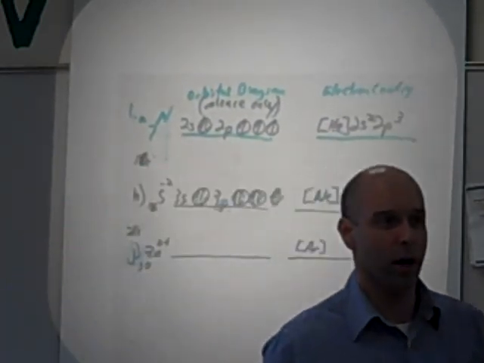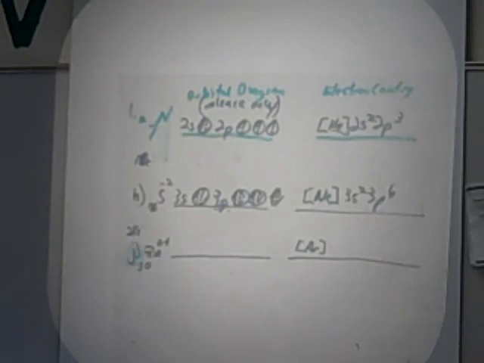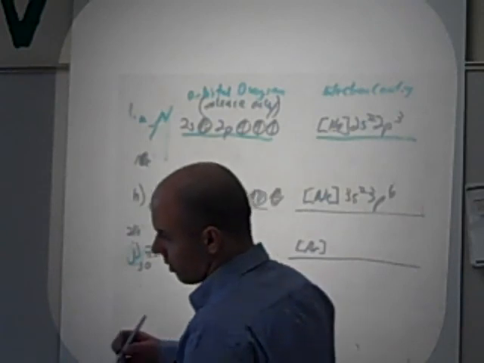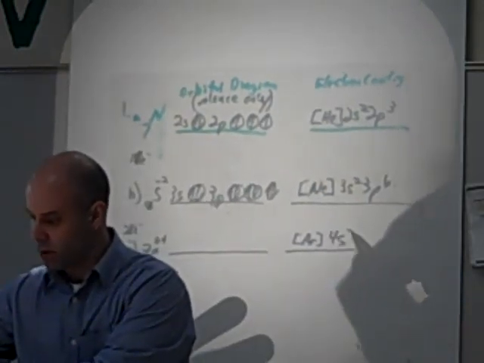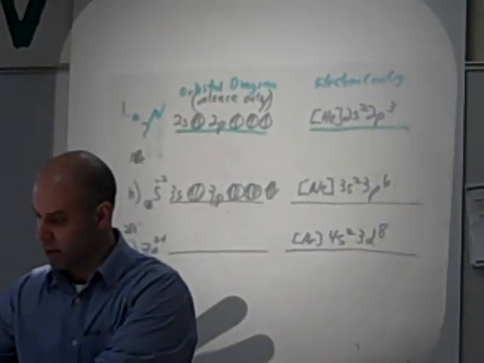And then we count it up, 4s1, 4s2, then what comes next? 3D. 3D1, 3D2, 3D3, 3D4, 3D5, 3D6, 3D7, 3D8, 3D9, 3D10 would be normal zinc. But since we lost 2, it's going to be 3D8. So it's going to be 4s2, 3D8.